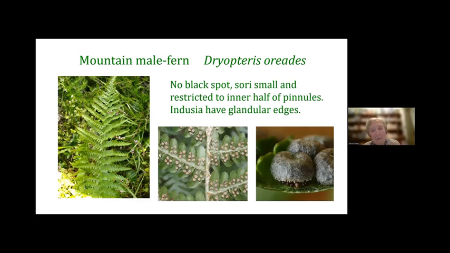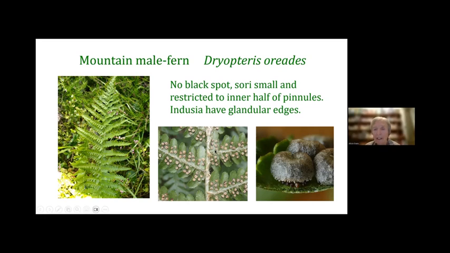And our remaining male fern is Dryopteris oreades. And I think this is under-recorded. It traditionally is thought of as growing on high mountain screes. But actually, it grows in lowland places too, and Grange in Borrowdale is one of the places I can think of, where it looks very like the common male fern. So how do we tell it apart?